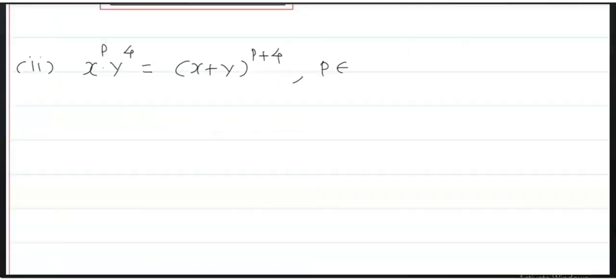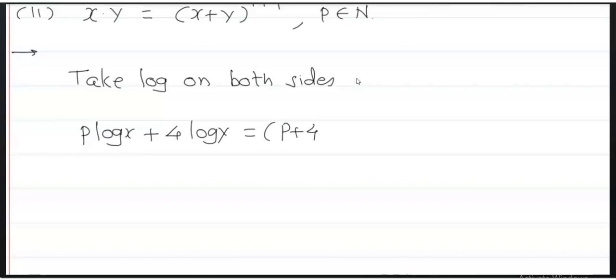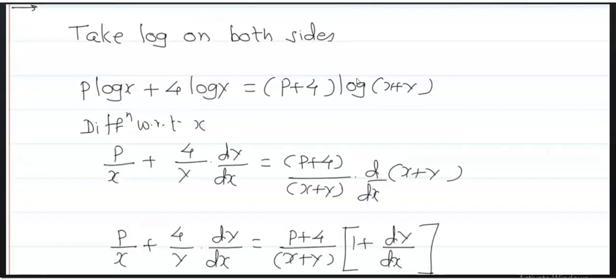Now the second example is x raised to p into y raised to 4 is equal to (x plus y) raised to p plus 4, where p belongs to the set of natural numbers. Take log on both sides. That is p log x plus 4 log of y is equal to (p plus 4) log of (x plus y).